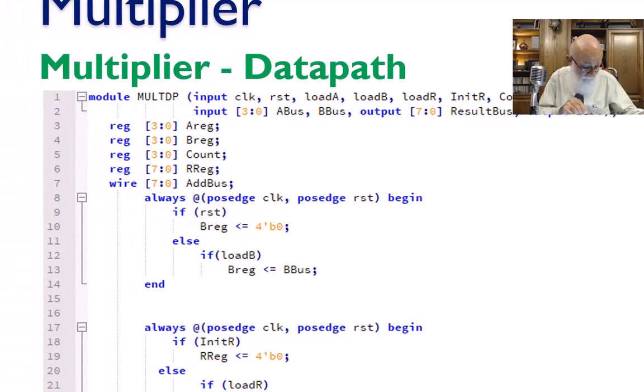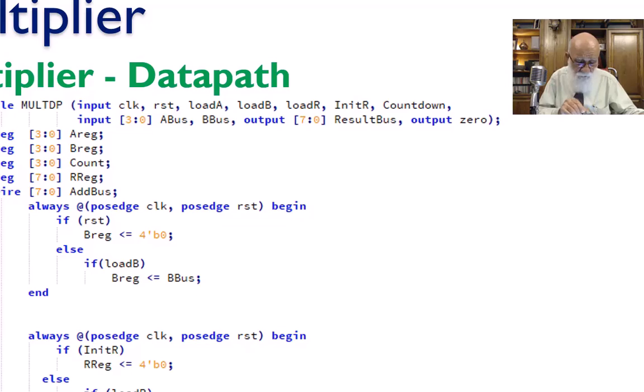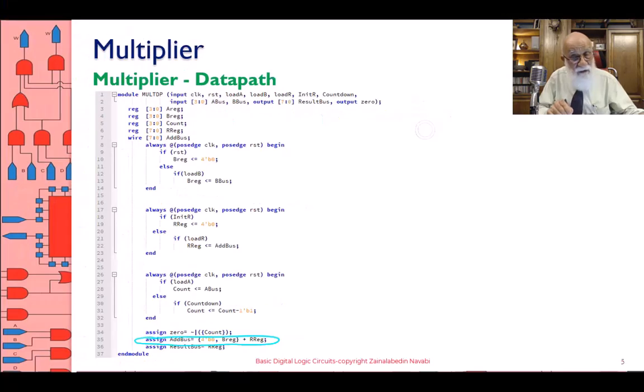Okay, that's line 2. My output is an 8-bit result bus, and then my output is 0, but this output is really not the output of the whole circuit. It is the output of the data path only.